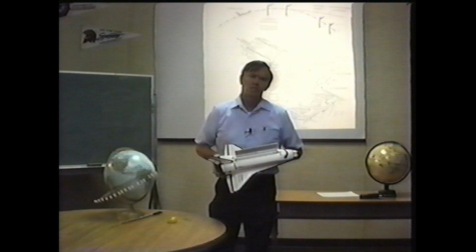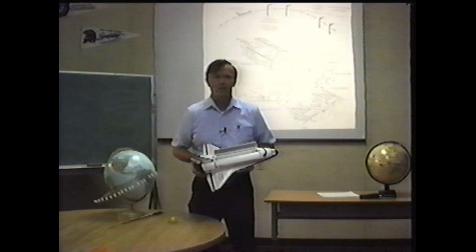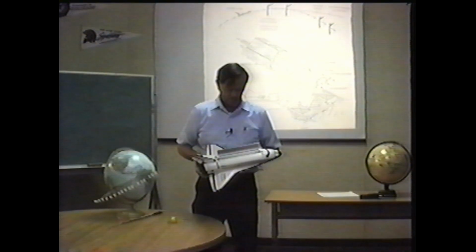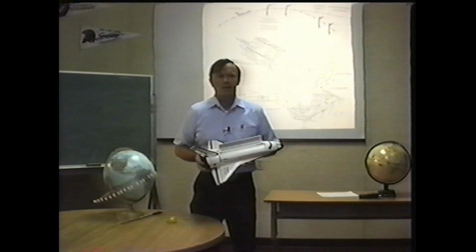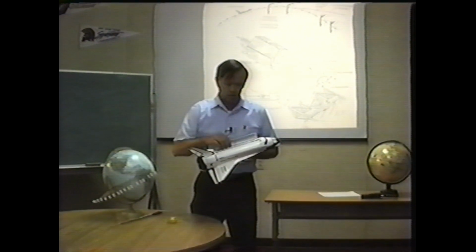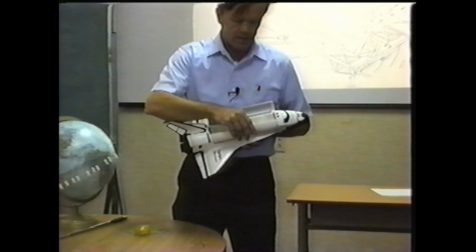No matter how many times I see a space shuttle launch on television, I still get excited watching it. Once the space shuttle achieves its low Earth orbit, the cargo bays are opened.